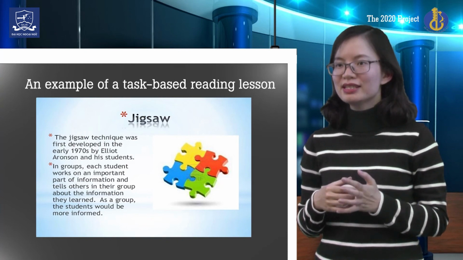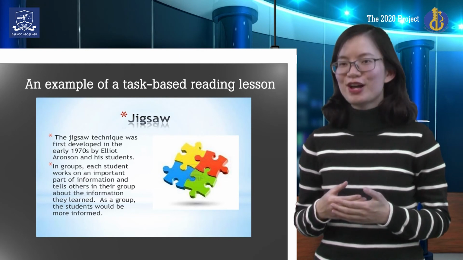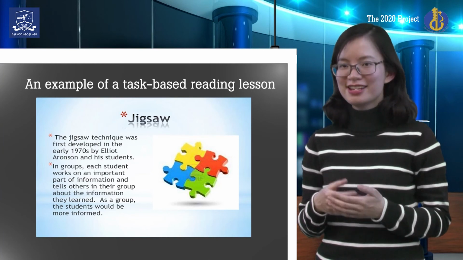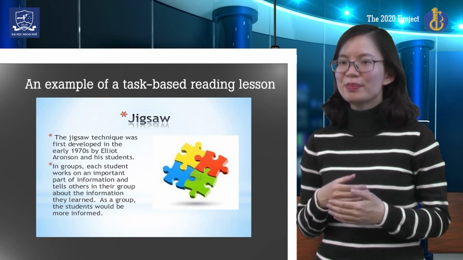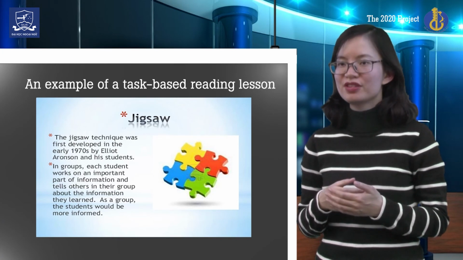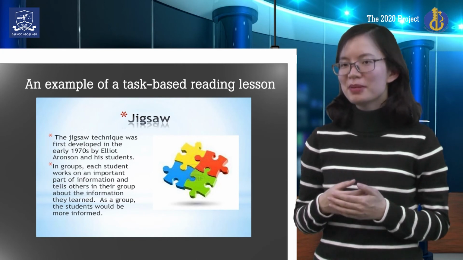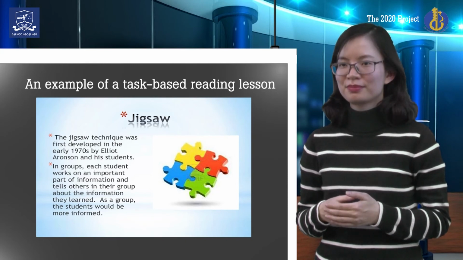In a jigsaw reading task, different groups of learners read different texts on the same topic. Once they have achieved an understanding of the text, new groups are formed with a representative of each of the previous groups. The task then asks the learners to use the information from the different texts to achieve a common goal.